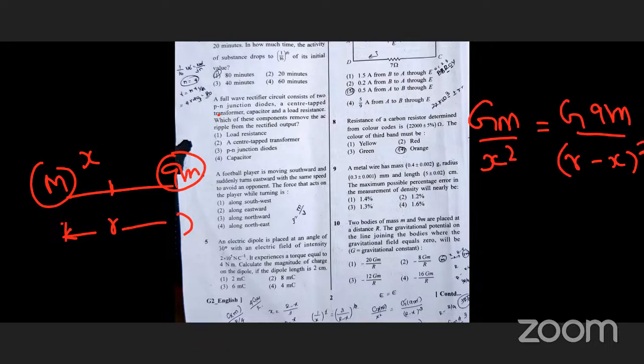Then the gravitational field at this point is Gm by x square, which is equal to the gravitational field due to the 9m, G 9m by r minus x the whole square. Solving these two equations, G gets cancelled. So 1 by x square is equal to 9 by r minus x the whole square.